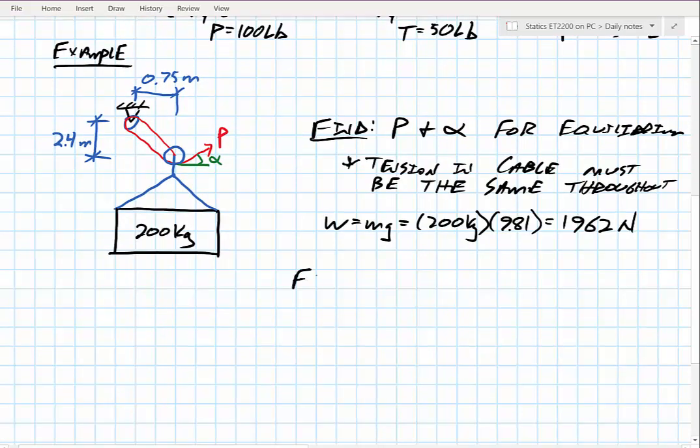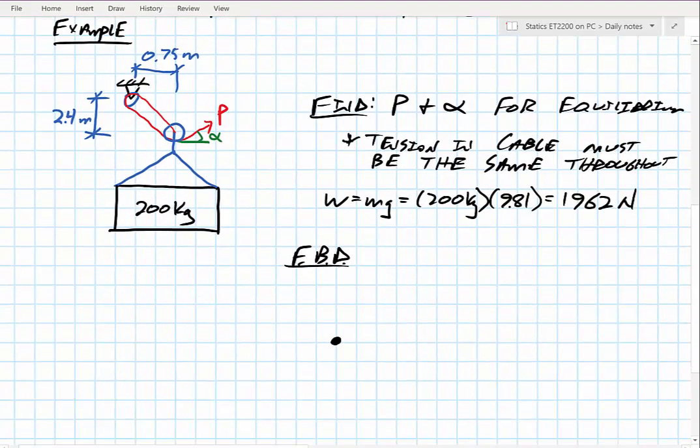If I were to look at a free body diagram of the situation, I'm going to put my dot, my representation, right on that pulley wheel, because from that pulley wheel what I see is that the weight of the crate, the 1962 newtons, is straight down, and then I have a force from each portion of this cable that's pulling around these pulleys. So I have the force that I'm pulling up with, this P, and that's at this angle alpha away from the horizontal, and that same force P has to be pulling up twice on this other side.